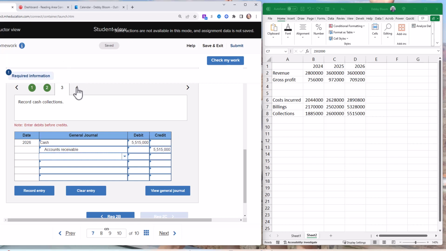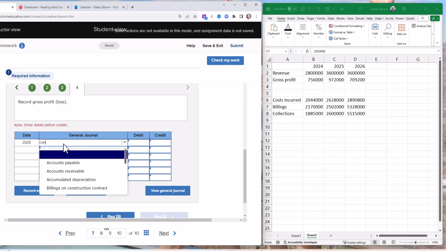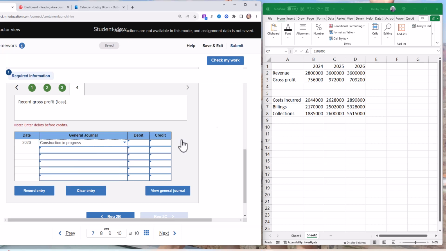And finally, our adjusting entry to close out the contract at the end. So if you remember, we're going to debit construction in progress for the amount of the profit, so in 2026, that's $709,200.